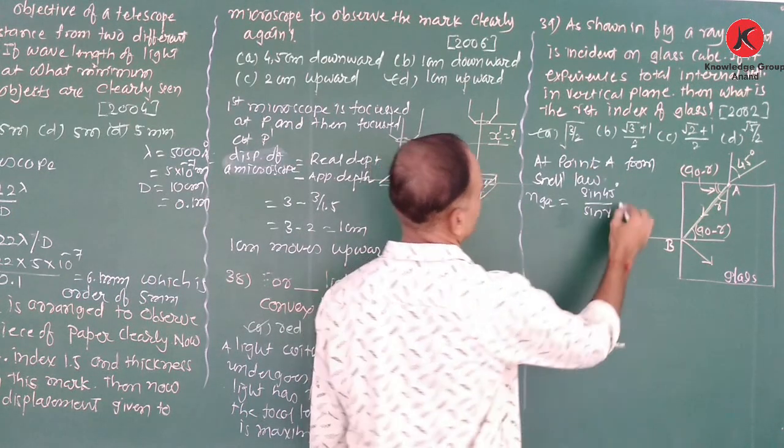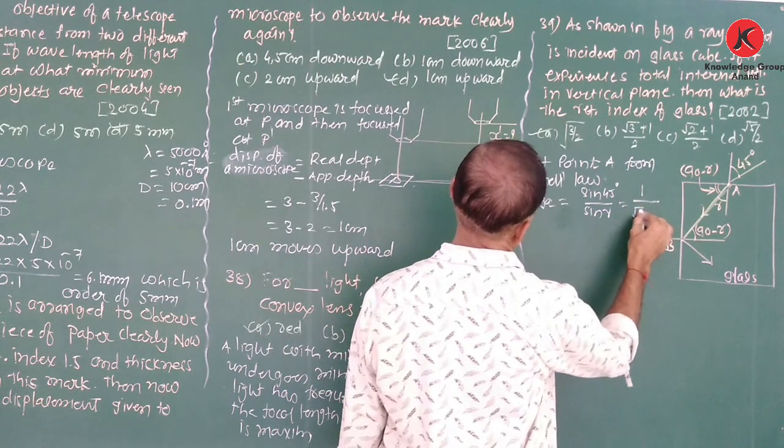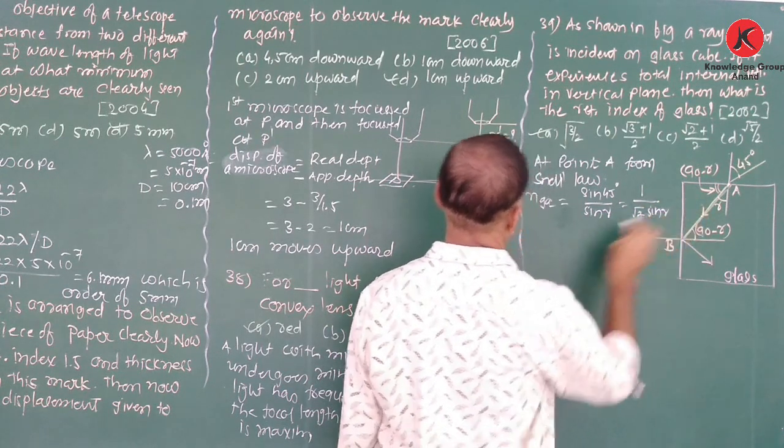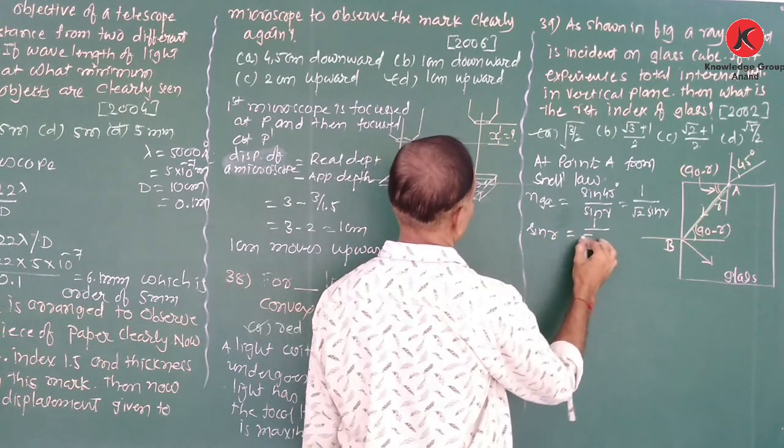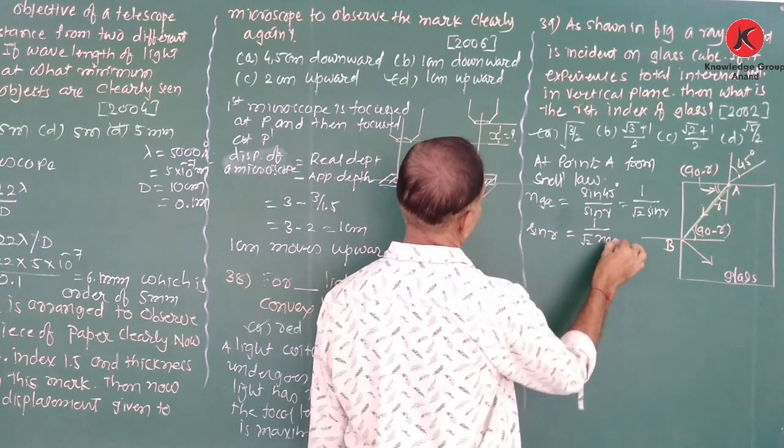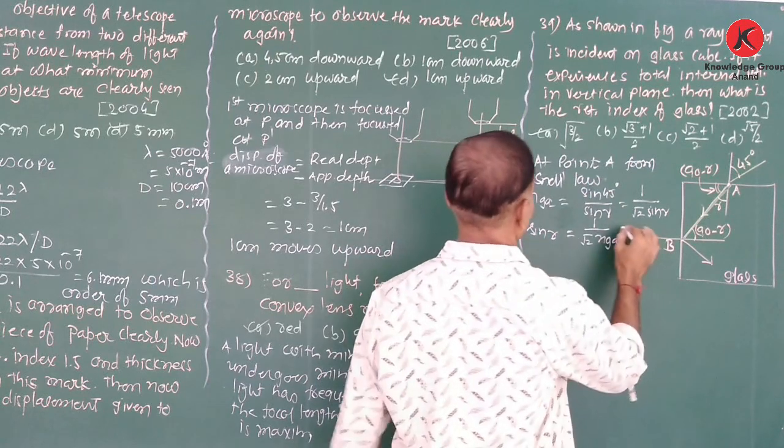Therefore, 1 upon root 2 sin r. Therefore, sin r is equal to 1 upon root 2 NGA. This is equation 1.